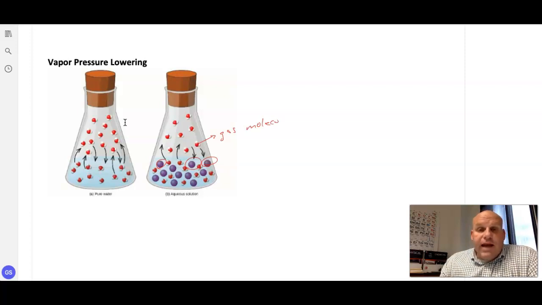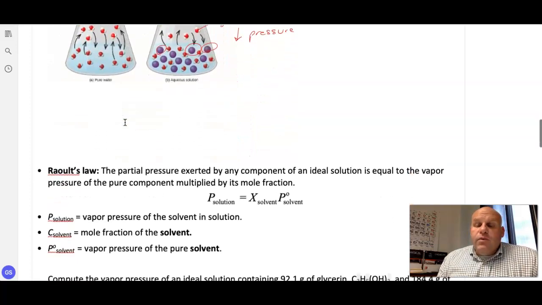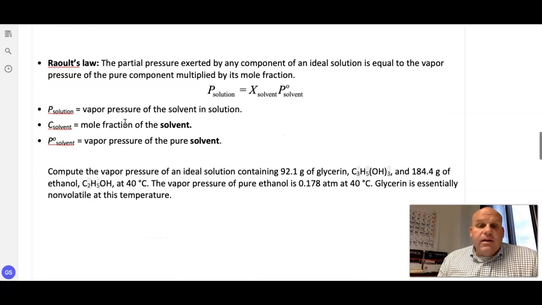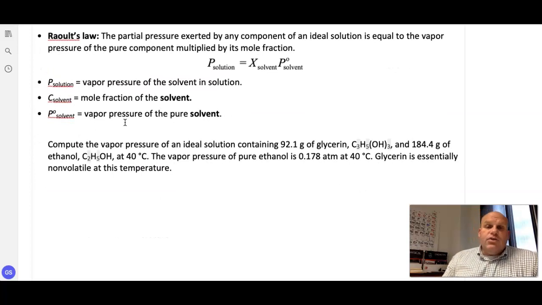So the result is you'll have fewer gas molecules in the gas phase above the surface of the liquid. If I have fewer gas molecules, what happens to the pressure? The pressure would decrease. So the vapor pressure of a solution is less than the vapor pressure of a pure solvent. We can look at this mathematically using Raoult's law. There's the equation for Raoult's law.